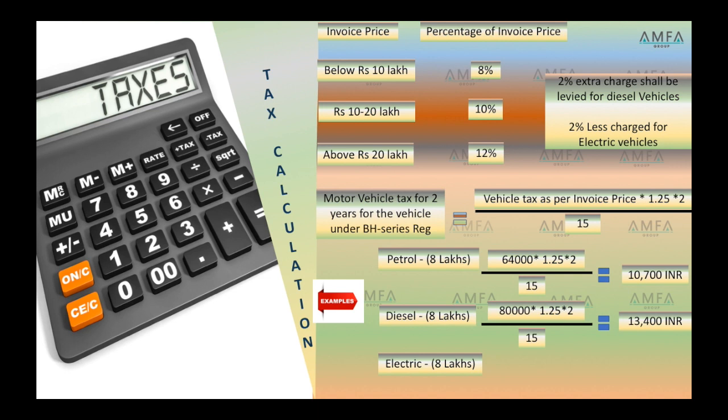For electric vehicles, again in the range of 8 lakhs, there is a 2% subsidy or discount given. The tax is 48,000 for 15 years. Then the 2 years tax will be 8,000 Indian rupees. This is how the calculation goes.